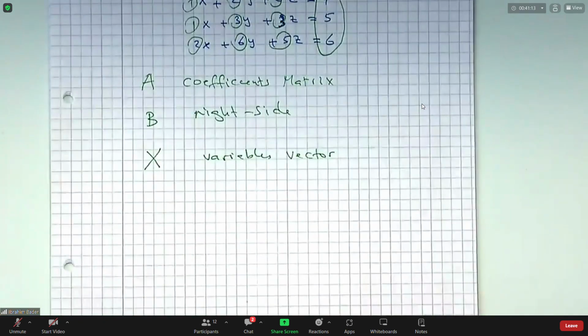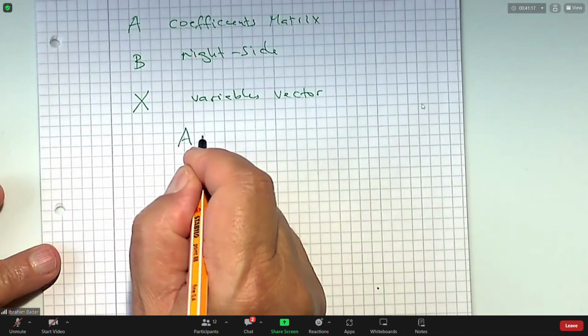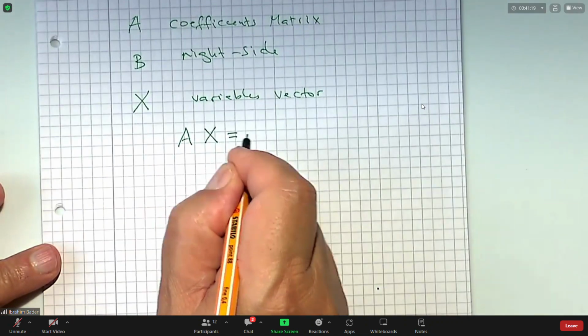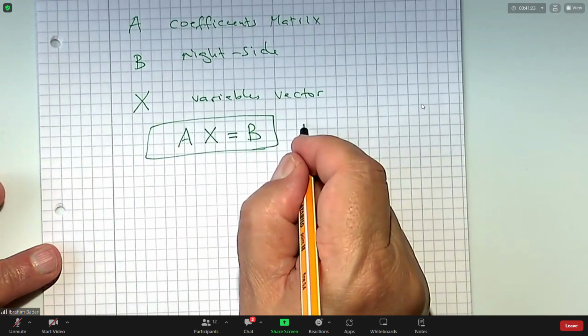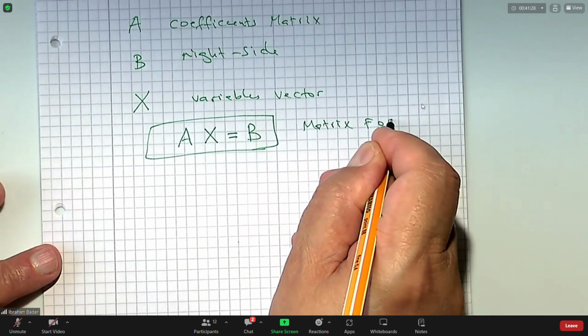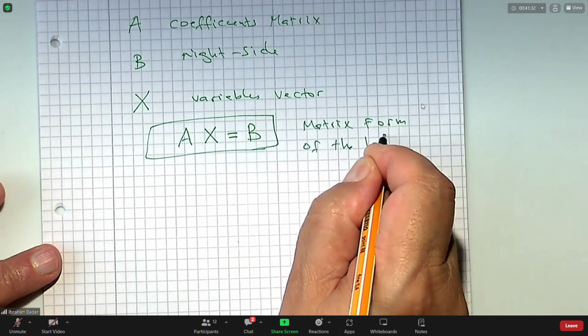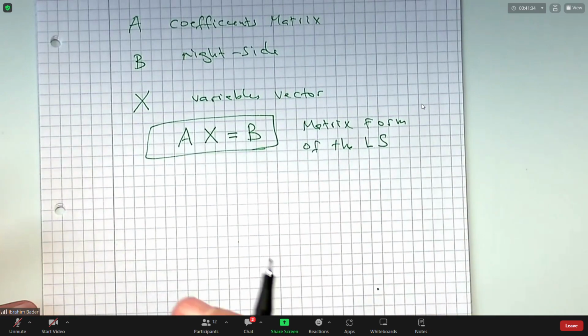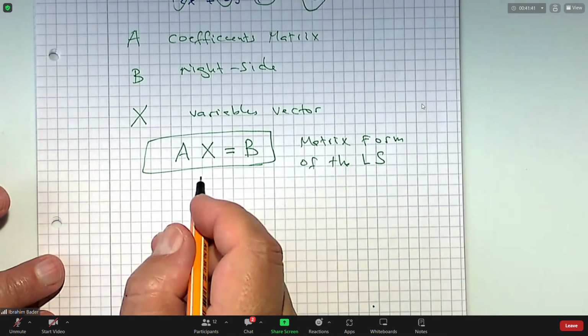And I will put these in the form AX equals B. This is what we call the matrix form of the equation of the linear system.